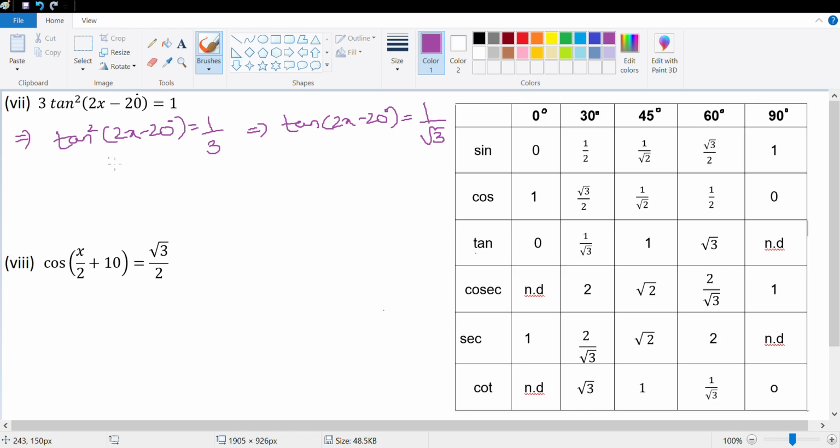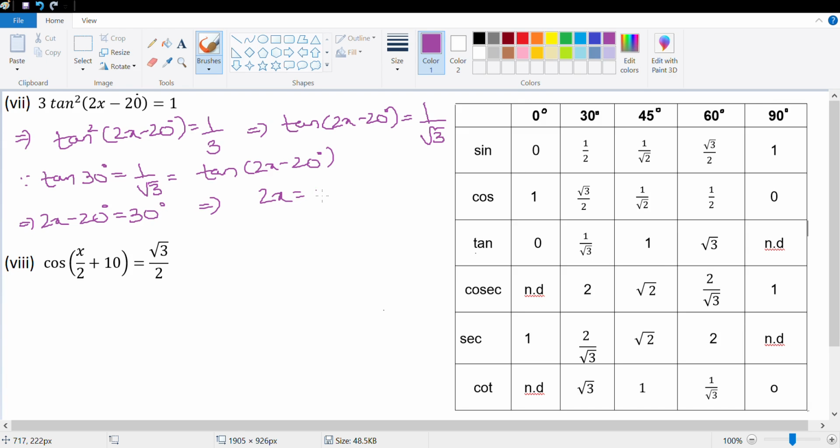Now we know since tan 30 degree is equal to 1 upon root 3, which is given equal to tan 2x minus 20 degree, this gives us 2x minus 20 degree is equal to 30 degree, which means 2x is equal to 50 degree, which means x is equal to 25 degree. Done.